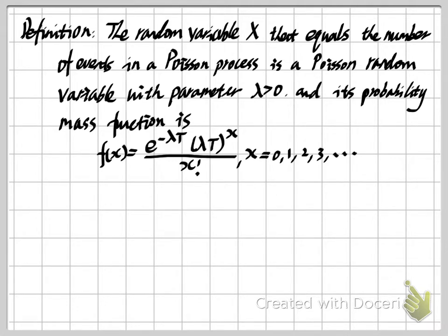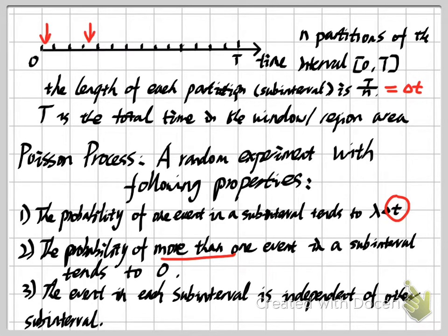So now let me give an explanation of why the PMF of the Poisson random variable looks like this. When we talked about the definition of a Poisson process, we divided the length of the whole capital T into n sub-intervals, right? For each sub-interval we have two possible outcomes: the event happens or the event does not happen.